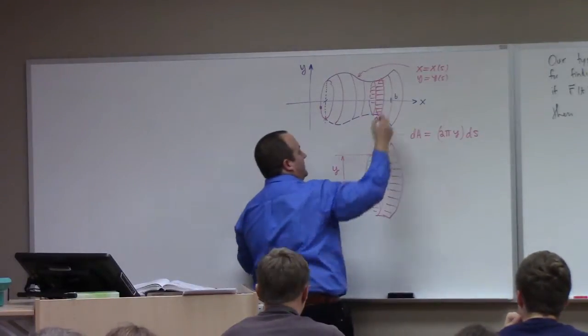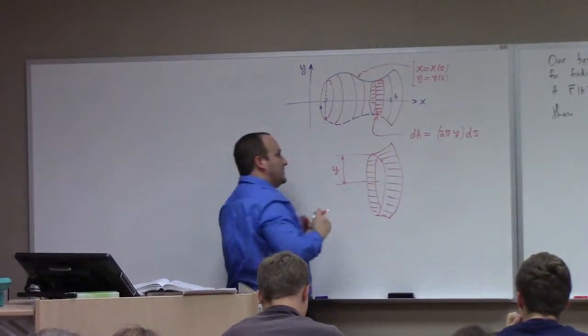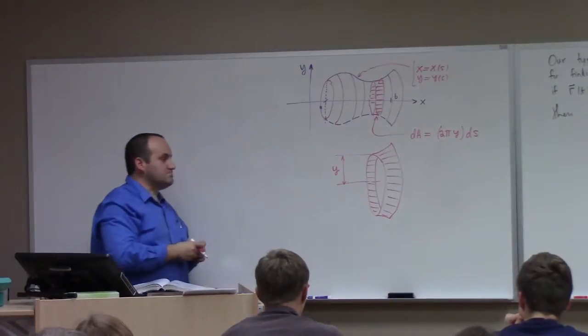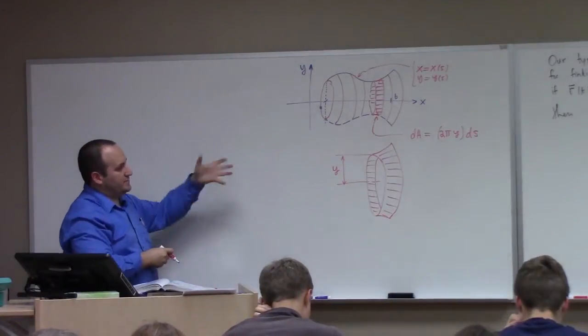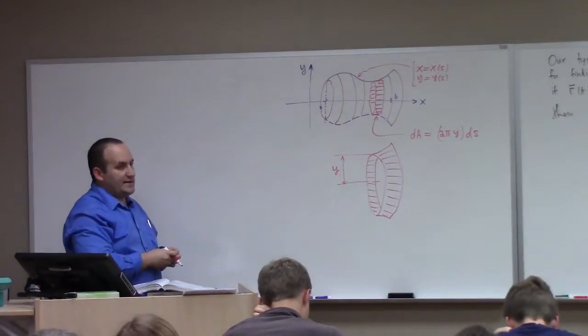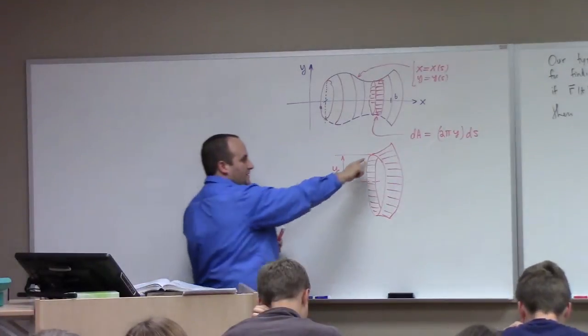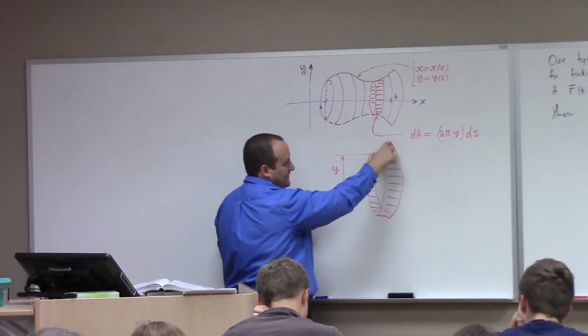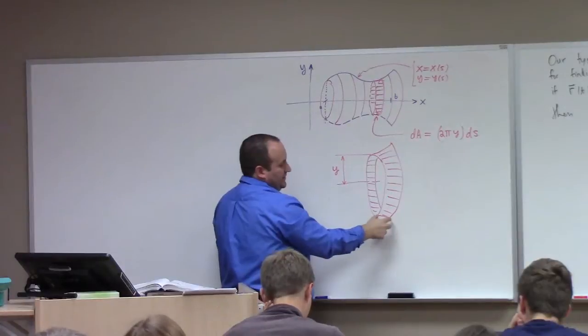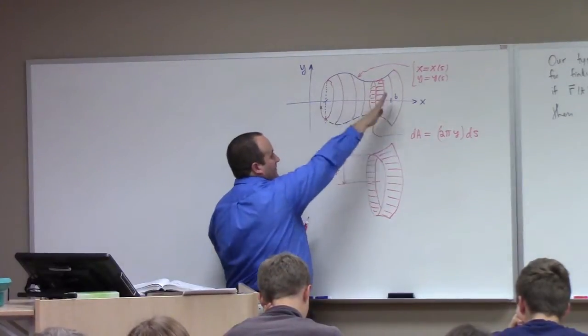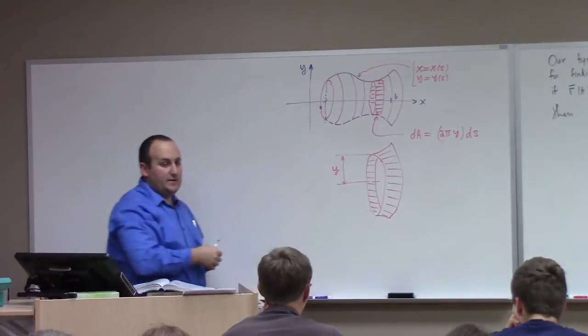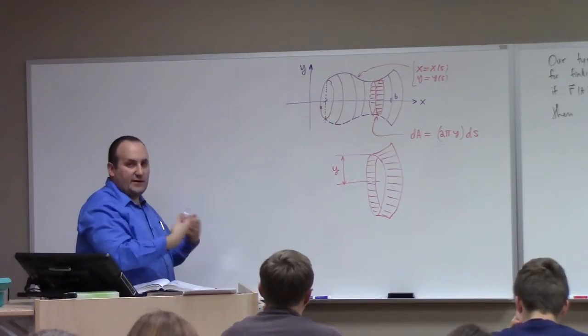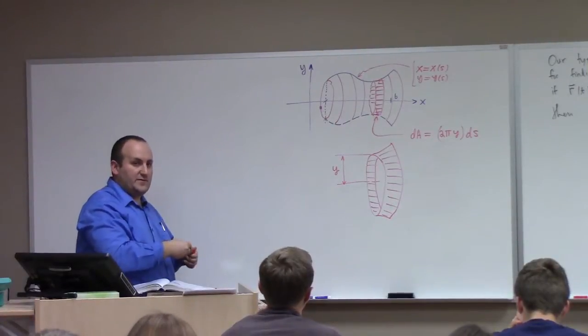So it's parameterized with respect to arc length for our convenience geometrically. So the little bit of area from that one little ribbon would be 2 pi y ds, because that's the circumference here, and that's the thickness of it. You can imagine taking these little ribbons and covering the whole surface of revolution with them. And then, of course, we just have to integrate those to get the whole surface area.